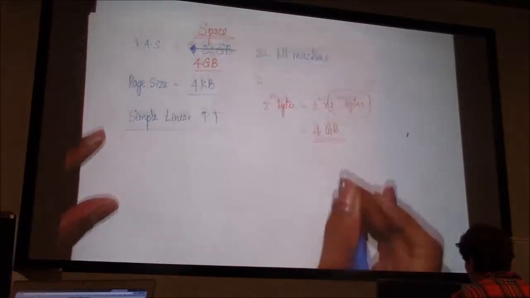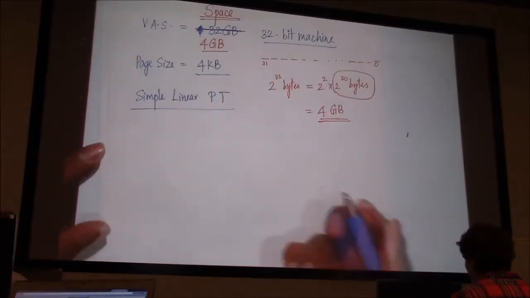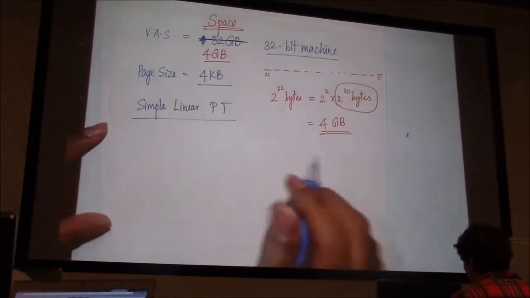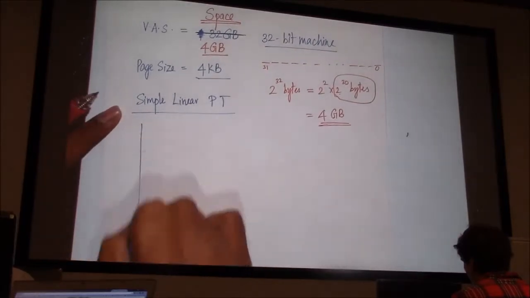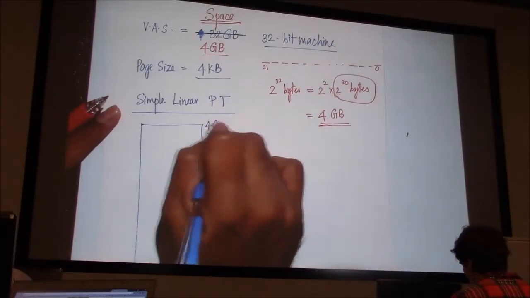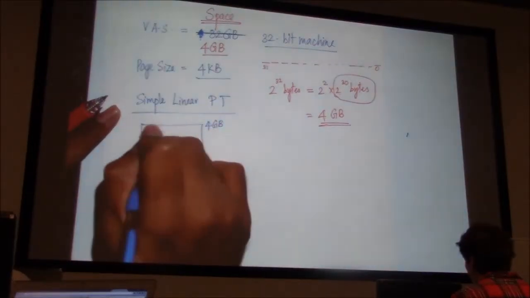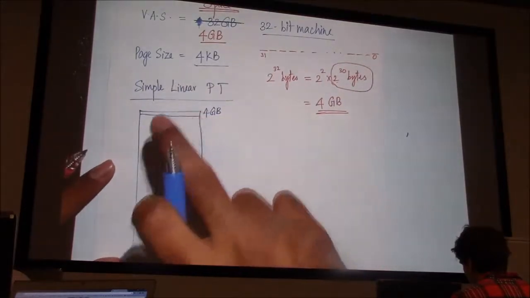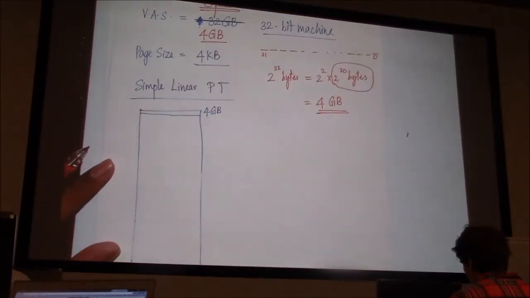We have a virtual address space from 0 till 4 GB. The maximum possible address will be 4 GB minus 1, and this is split into pages of size 4 KB.